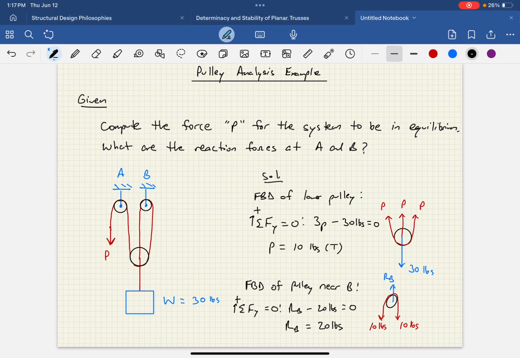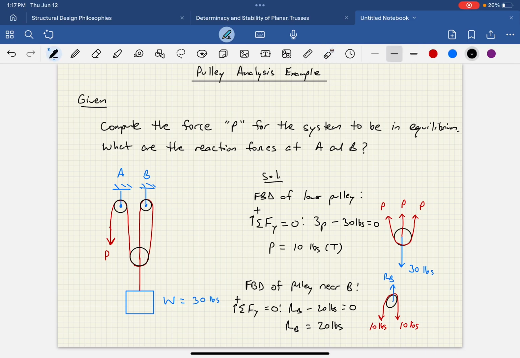Okay, now what about my last step? What about the reaction at A? Well, I'm going to do something very similar. I'm going to look at a free body diagram of A, and I'm going to have what? I'm going to have P here, and I also have P here, and then I'm going to have RA there.